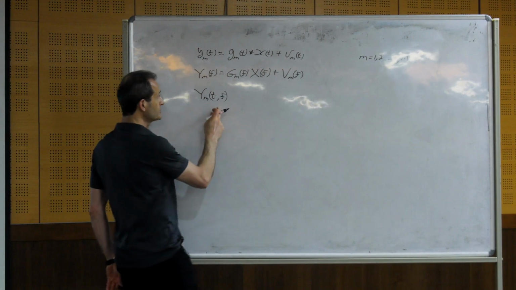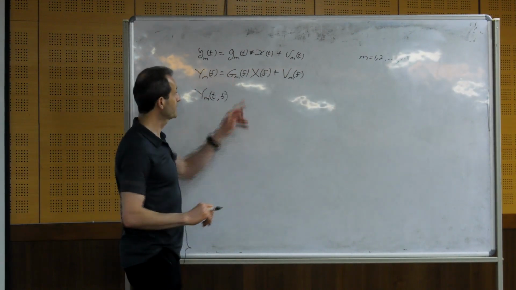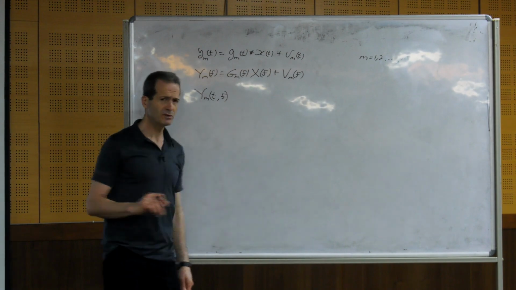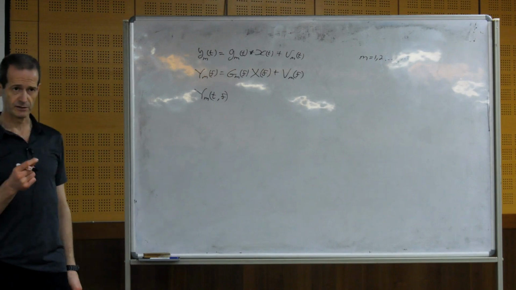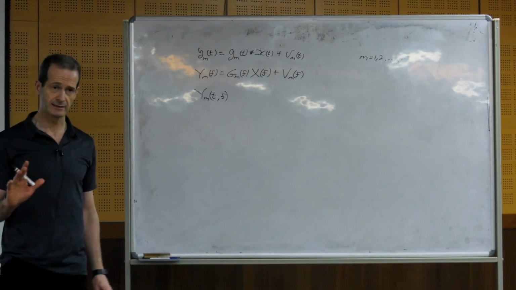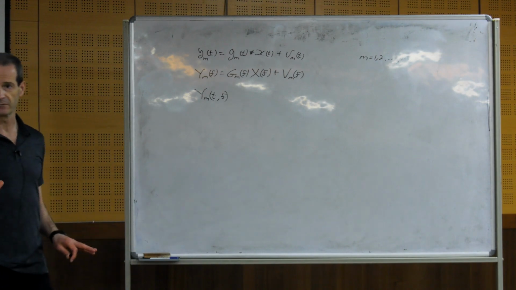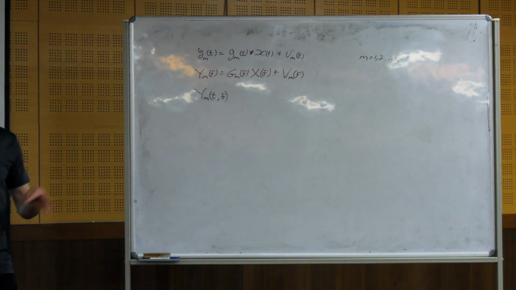And then we can also write it something like that. Suppose that the transfer function from the source to each of the sensors is constant, so it doesn't depend on time. But sometimes there are movements. The source moves, maybe the array moves.